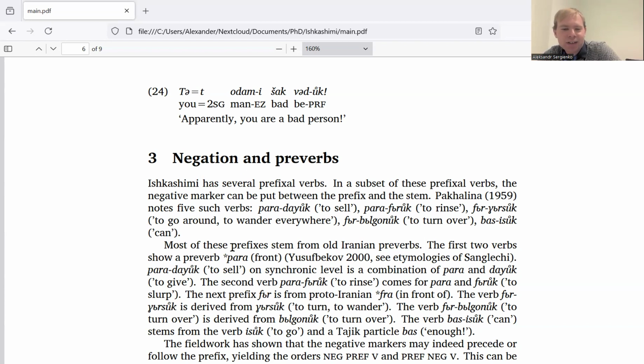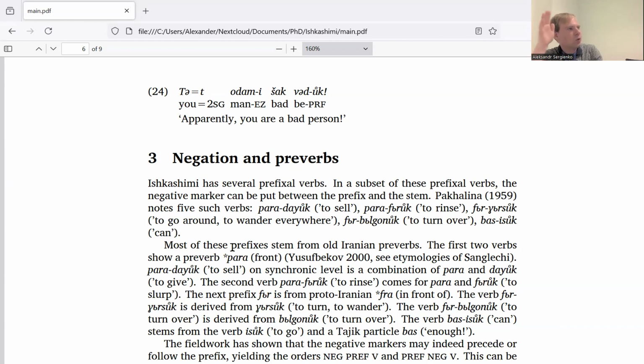The next prefix fur is from Proto-Iranian fra, in front of. The verb furgersuk is derived from gersuk, to turn, to wander. The verb furbulgonuk, to turn over, is derived from bulgonuk, to turn over. I don't know what the semantics of fur is here. And most importantly, the verb bas isuk stems from the verb isuk, which is to go, right?